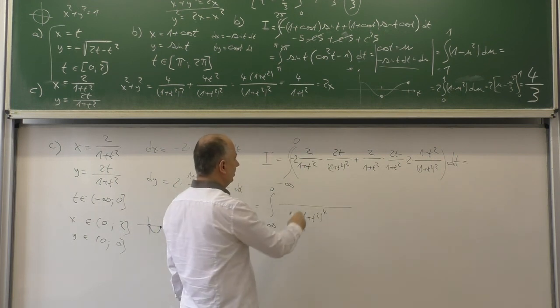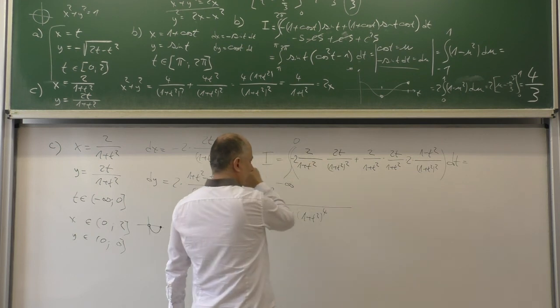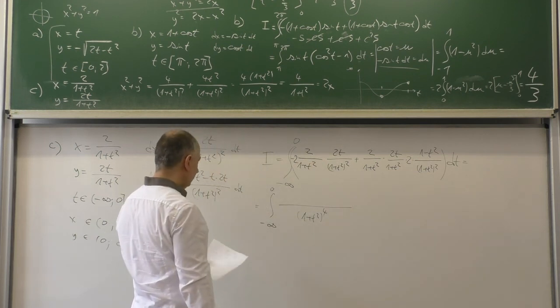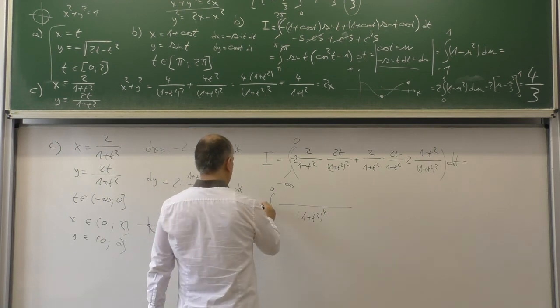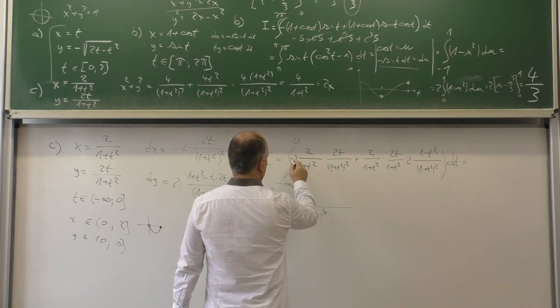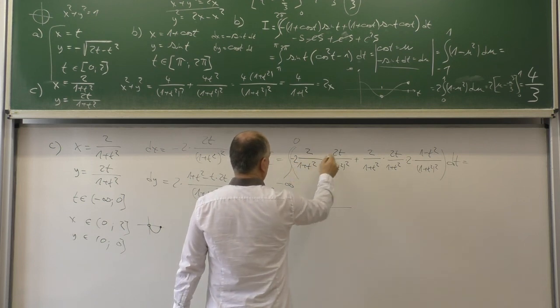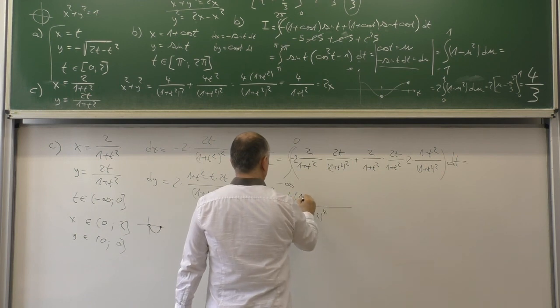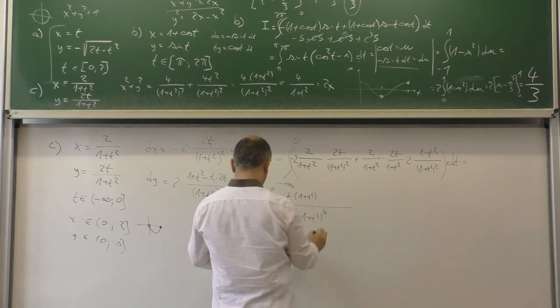So we must multiply this by 1 plus t squared. We can factor out minus 8, and we have t times 1 plus t squared.